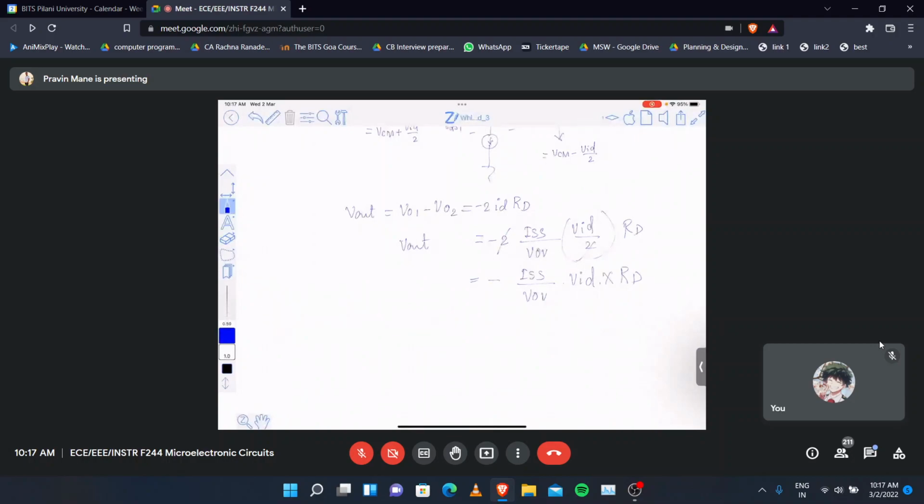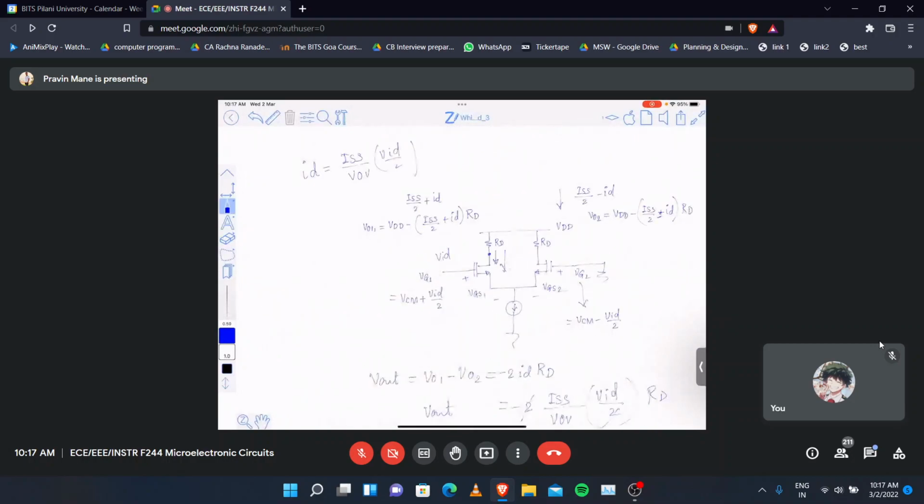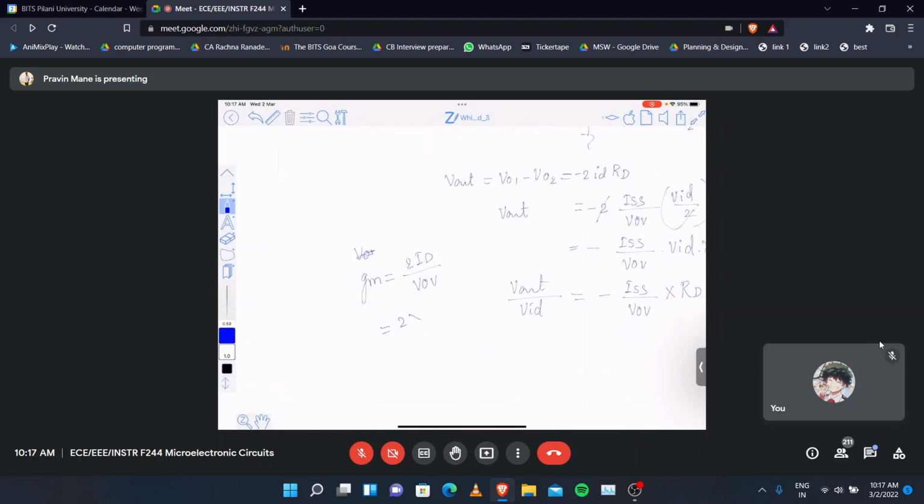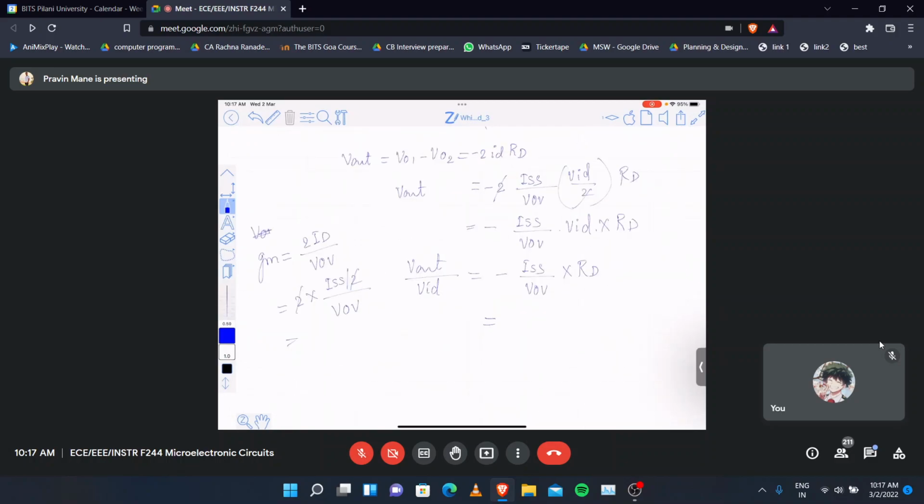Now in this configuration, what is the DC current flowing through this MOSFET? ISS by 2, right? So it is 2 into ISS by 2 divided by V overdrive, because ID is ISS by 2. Remember that small gm and small RO are decided by DC quantities. So this 2 gets cancelled. So ISS by VOV is nothing but GM. GM into RD is the gain.